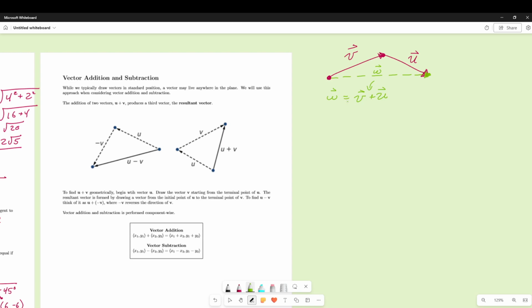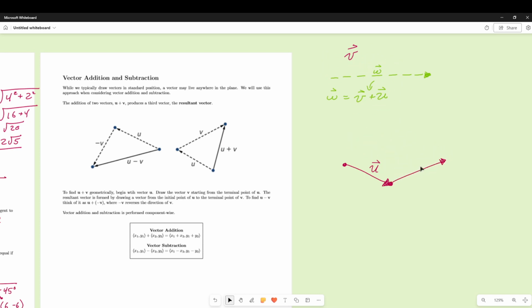So we can add vectors visually by moving them around and saying, hey, we're going to take this vector plus that vector. Now, we could have done that in the other orientation, and it still should work.